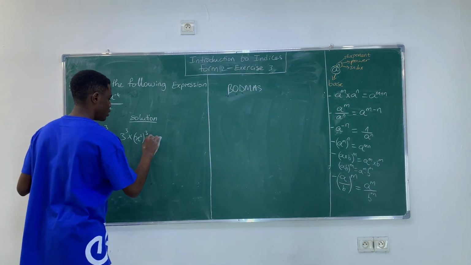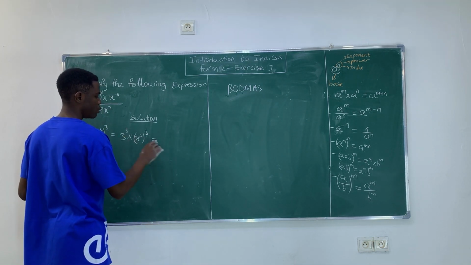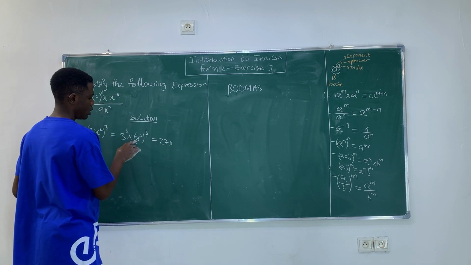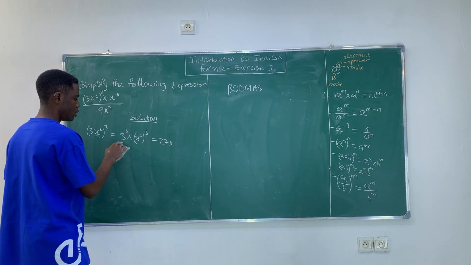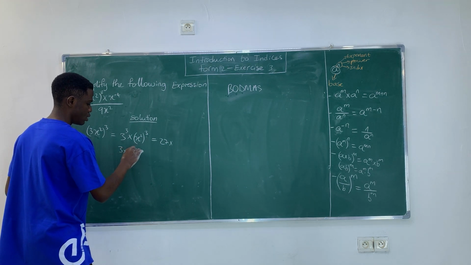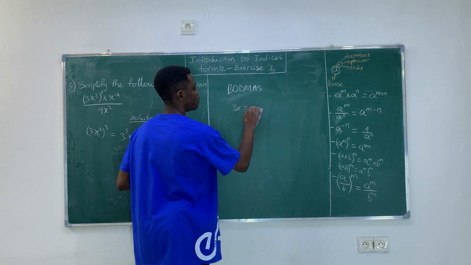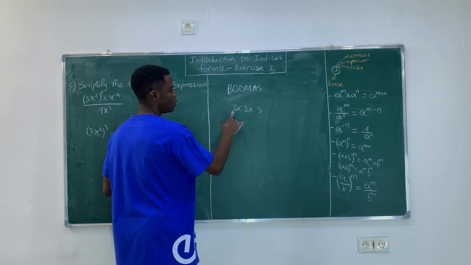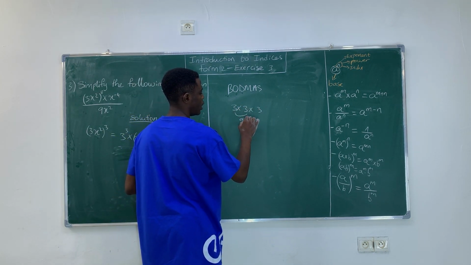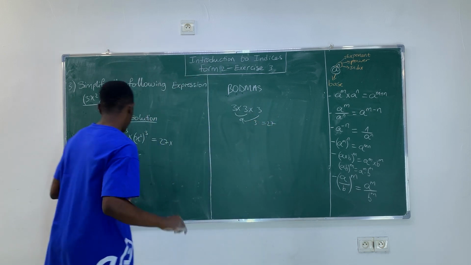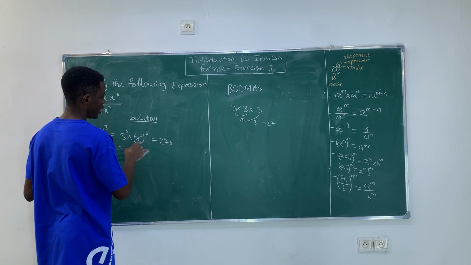What is that going to be? 3 to the power 3 is 3 times 3 times 3. 3 times 3 is 9, 9 times 3 is 27. So here we have 27 times.